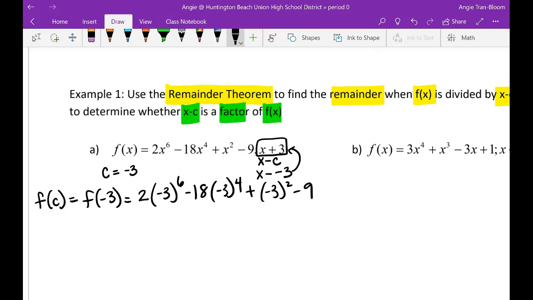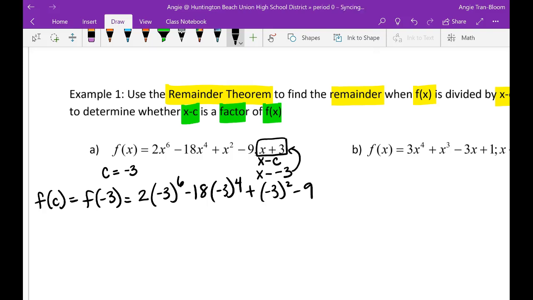I trust that you're going to have a calculator, so I will punch this into my graphing calculator. 2 times negative 3 to the 6th power minus 18 times negative 3 to the 4th power plus negative 3 squared, that's really 9, take away 9. Nice, 9 take away 9.